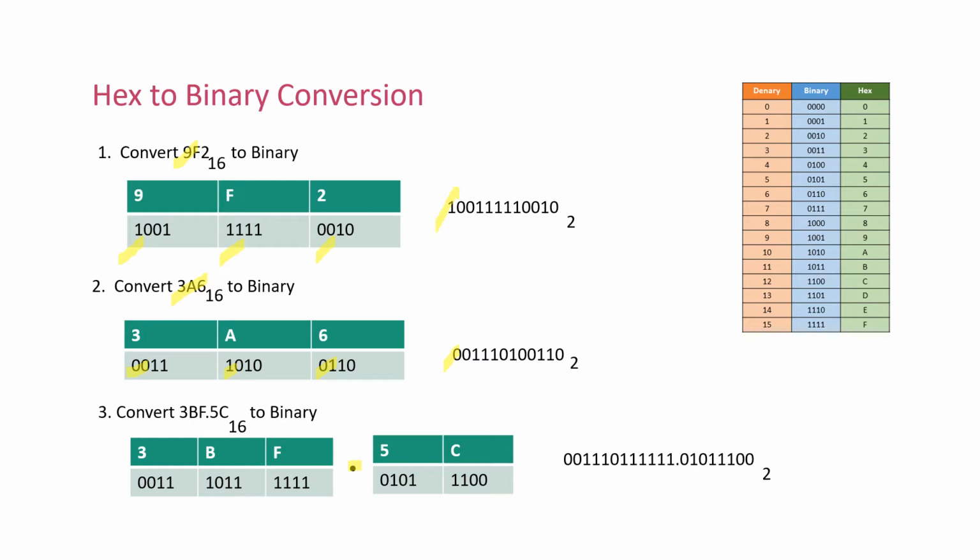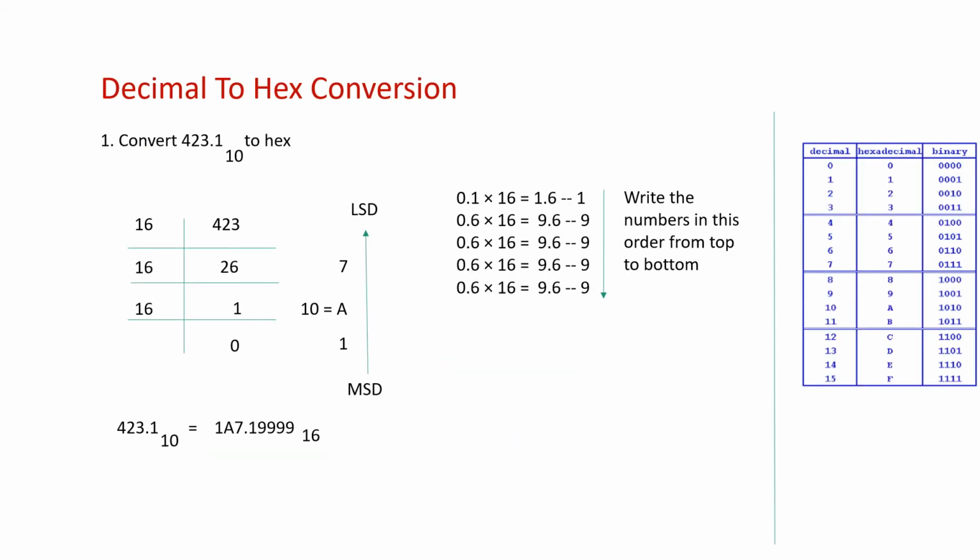For 3 it is 0011, for B it is 1011, for F it's 1111, and there comes the hexadecimal point, and then after that for 5 it is 0101, and for C it is 1100, and after it is converted to the binary equivalent, the point becomes the binary point, and the end result of the conversion is 0011 1011 1111.0101 1100.